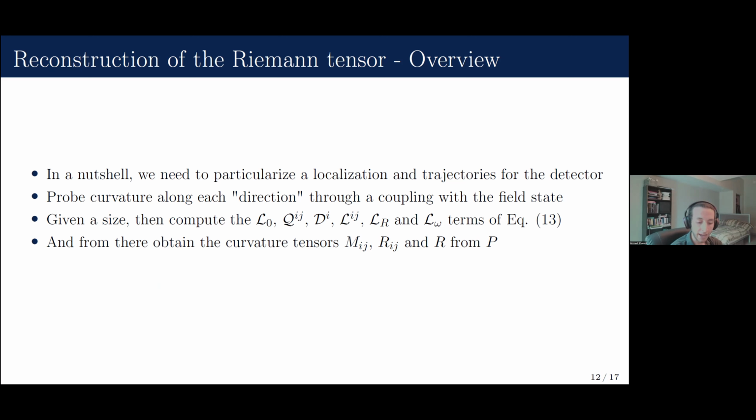And once we can gain any information about the field through a transition probability that is not exactly a half, so that the detector has a finite span in spacetime, we'll take that transition probability, we'll take the size, and then compute all those terms in the expansion above, in terms of corrections of curvature. And from there, we would be able to obtain the curvature tensors, Mij, Rij, and R from the calculations that we've done and the transition probability.